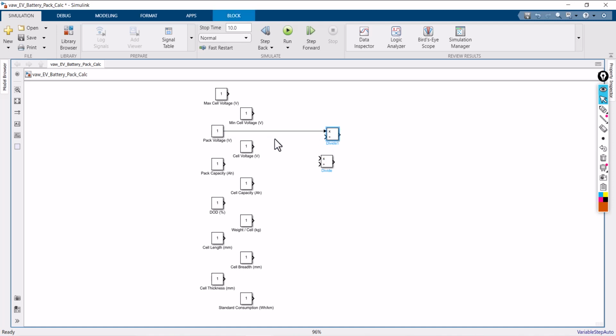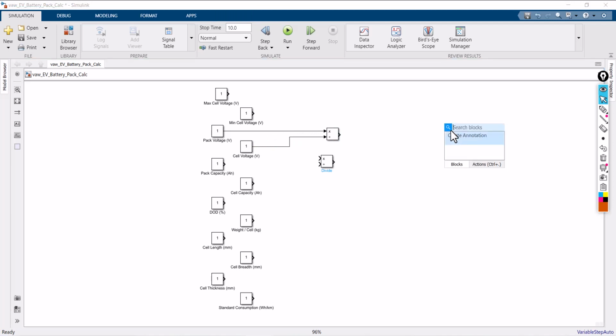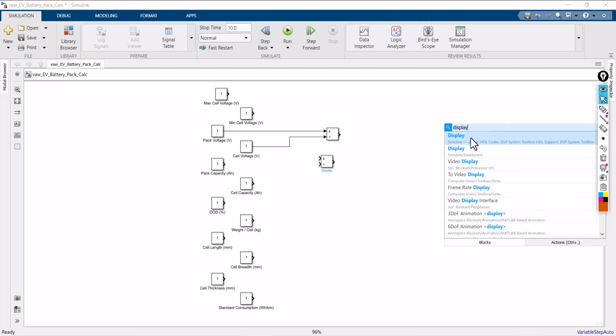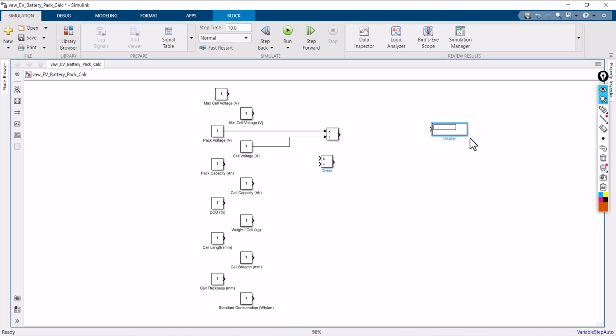Pack voltage divided by cell voltage will give you the number of cells in series. Similarly, pack capacity divided by cell capacity will give you the number of cells in parallel.